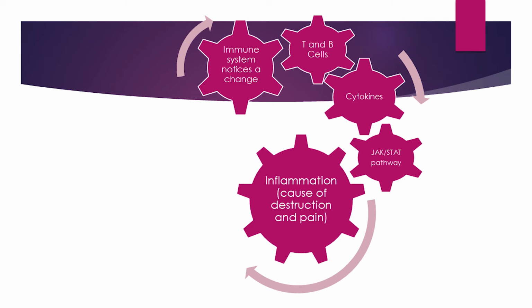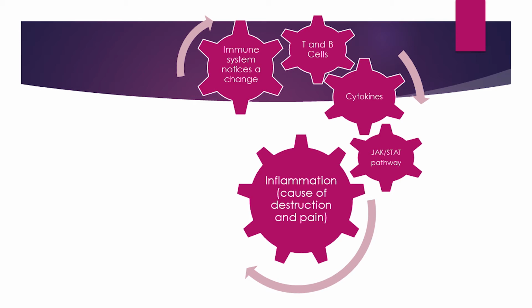In RA, this immune response doesn't stop. It just keeps going. Our body keeps getting inflammation and creates this destruction and pain in our body. Unfortunately, sometimes the extent of this inflammation isn't as obvious to us, and it silently destroys our joints. That is why it's very important to treat this as soon as possible.